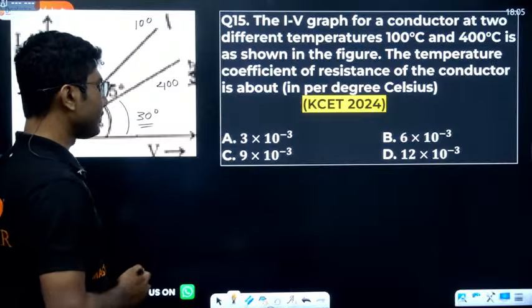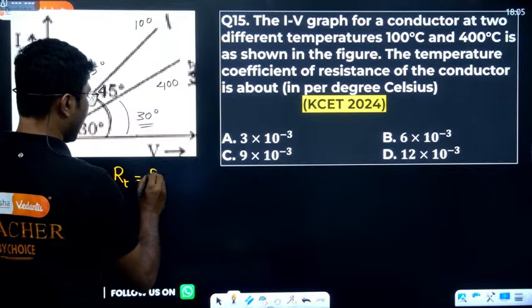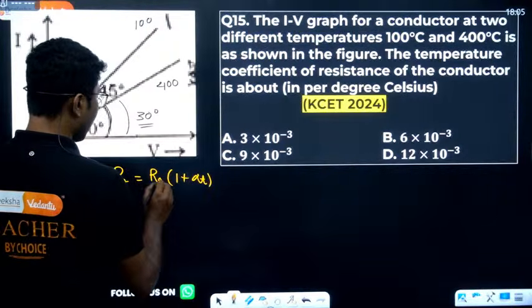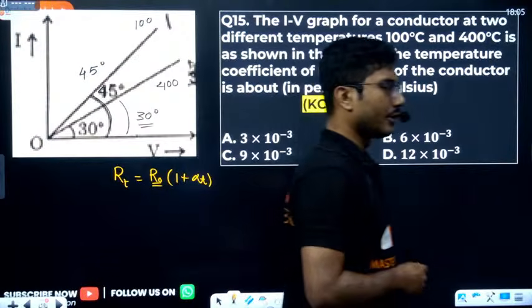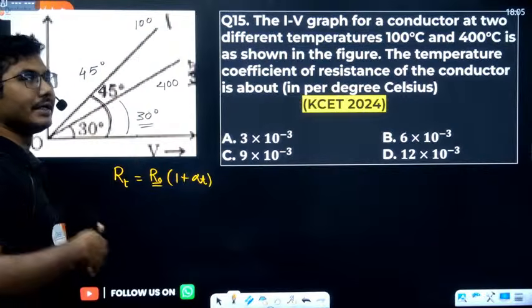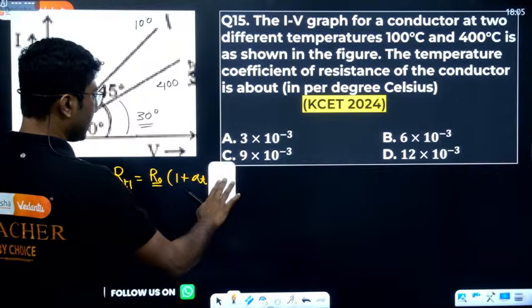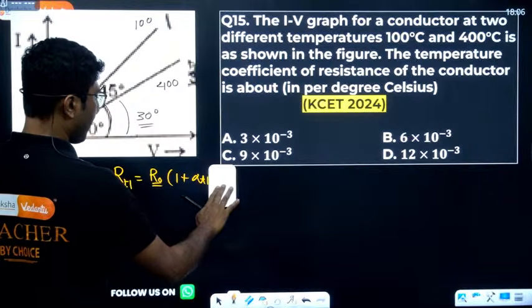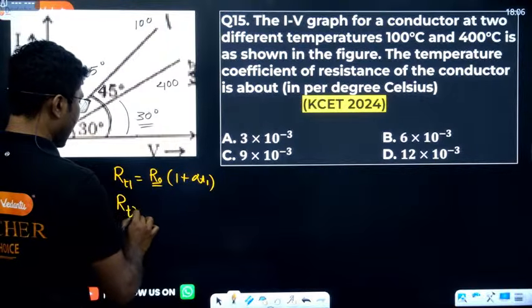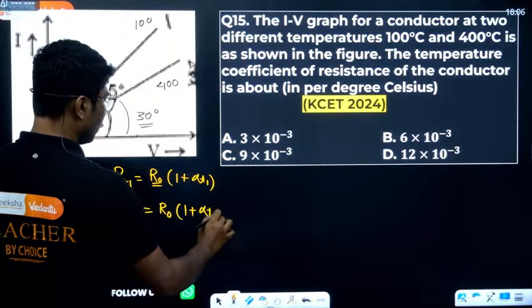Temperature coefficient of resistance can be calculated using the simple formula that RT equals R naught into 1 plus alpha T, where R naught is the resistance at 0 degrees Celsius. But obviously here 0 degrees Celsius is not given, 100 degrees and 400 degrees Celsius are given. So let's figure out. Suppose this is RT1 equals R naught 1 plus alpha T1, and another temperature RT2 is R naught 1 plus alpha T2.